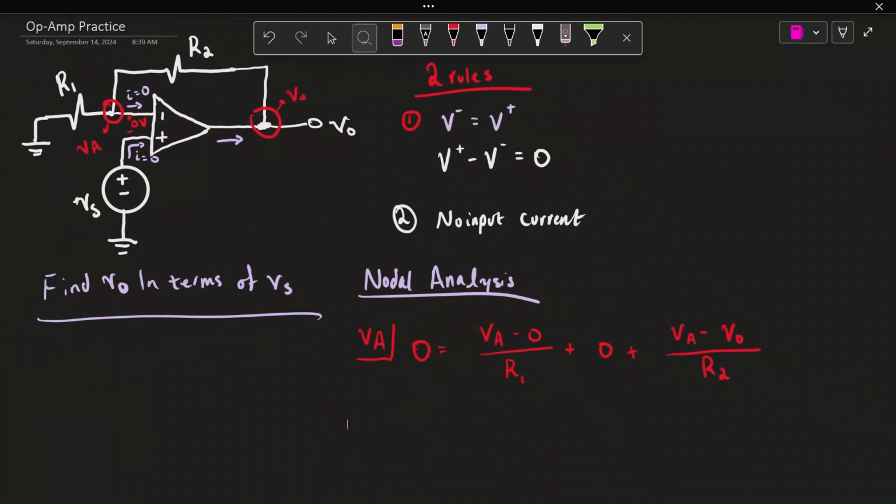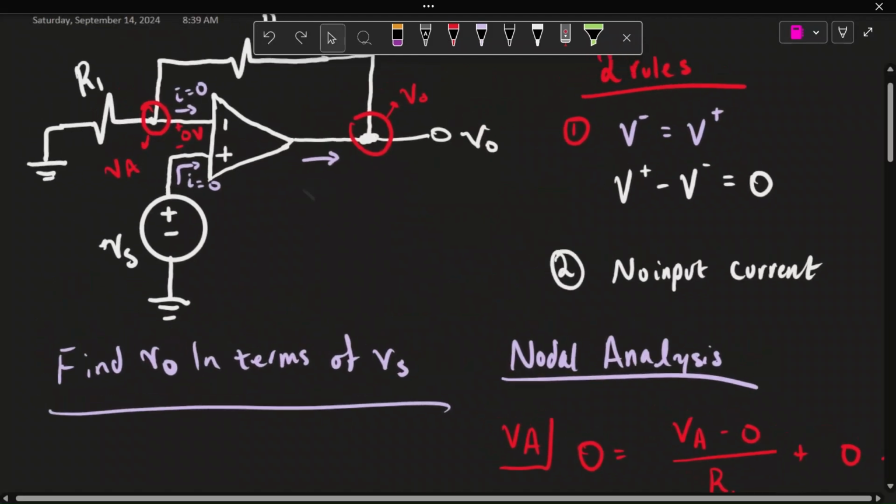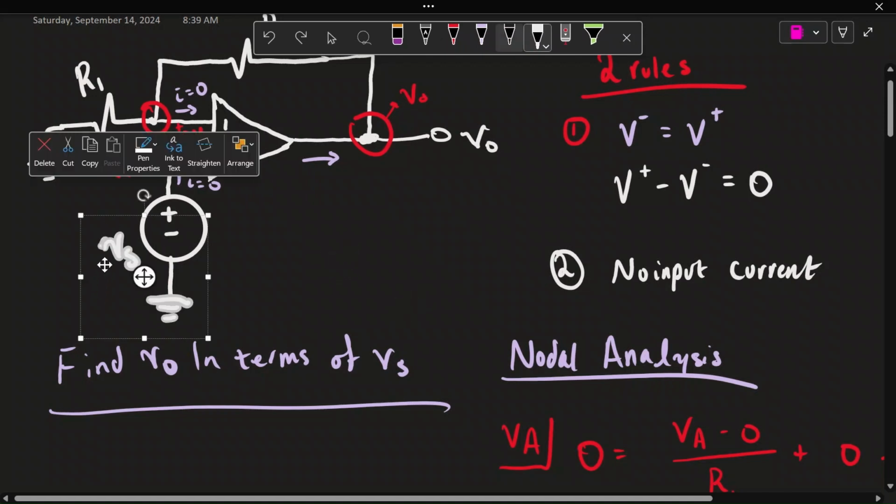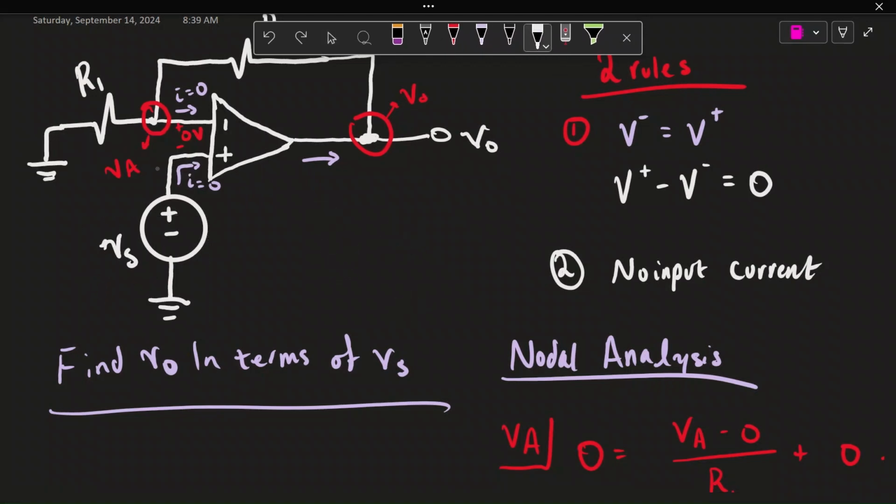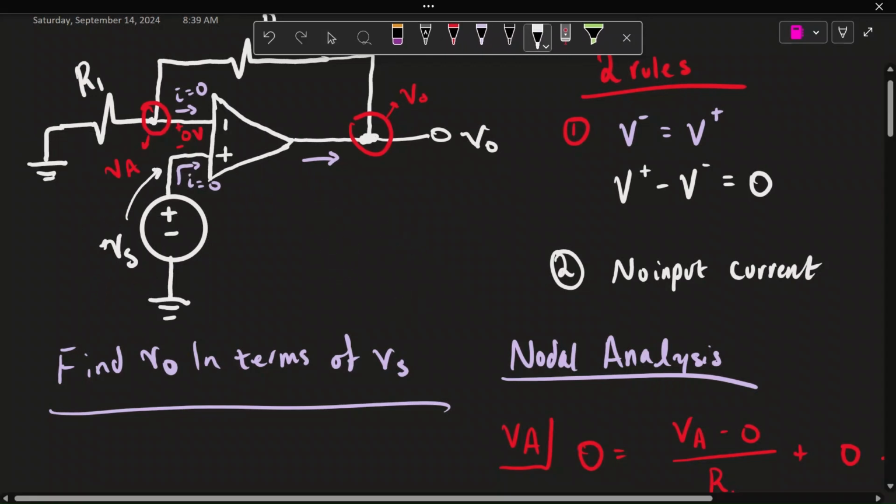We have VA and V out, right? So remember, we have to deal with this rule here. V plus, the voltage at the non-inverting input, is equal to the voltage at the inverting input, or negative input, of our op amp. What does that mean? Well, with respect to ground, our VS here is the voltage here.